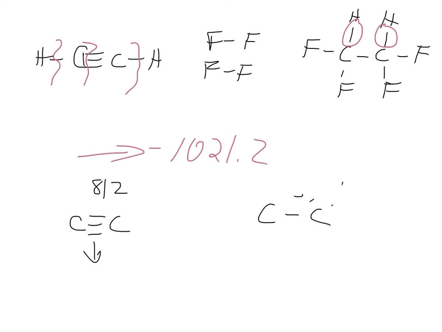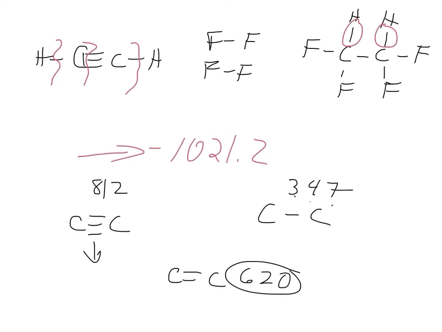Okay. Let's change that. 347. Now, what's a carbon-to-carbon double bond? 620. Okay. Now, if I were to say that I broke just a double bond there, that's not the same as saying I broke the whole triple bond and then formed a single bond.